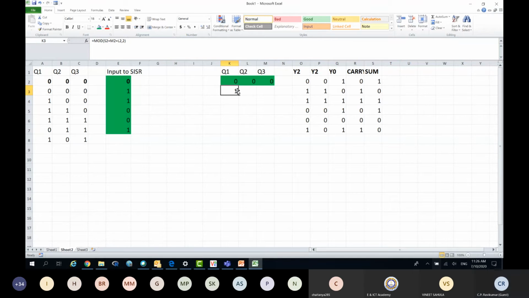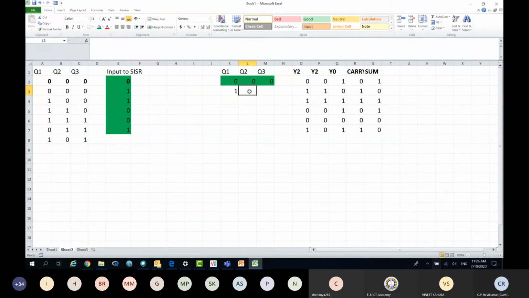So I'm doing the XOR of 3 bits. These 2 bits, which are the 2 bits that I need to tap, Q2 and Q3, and one of the outputs.